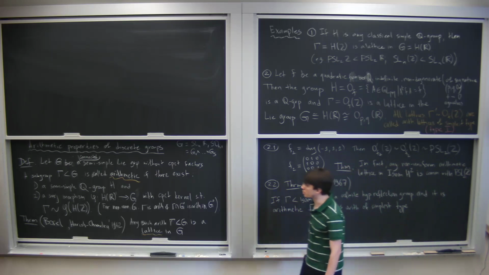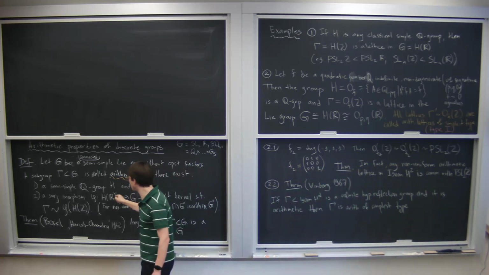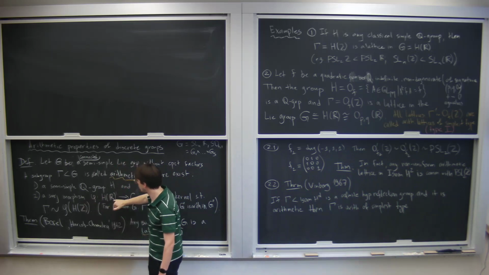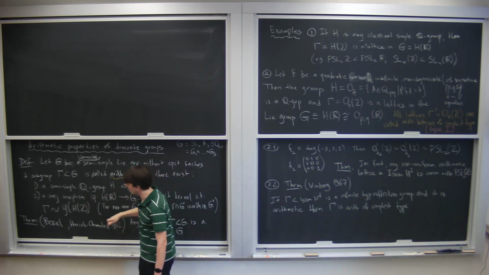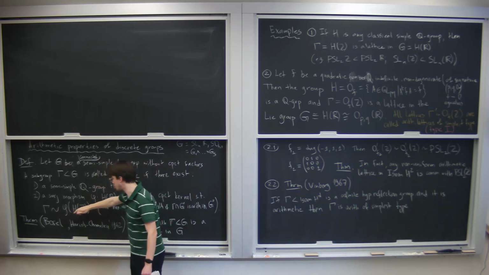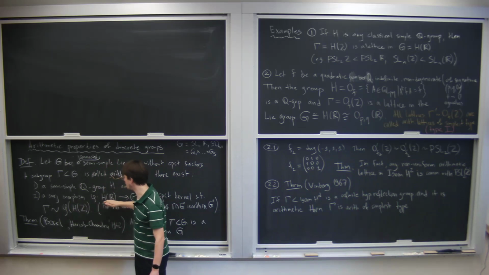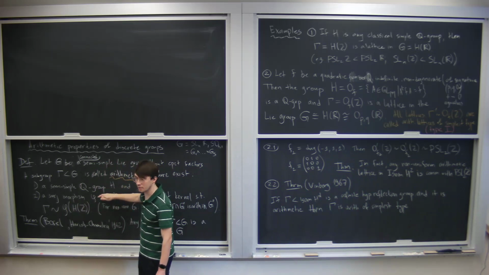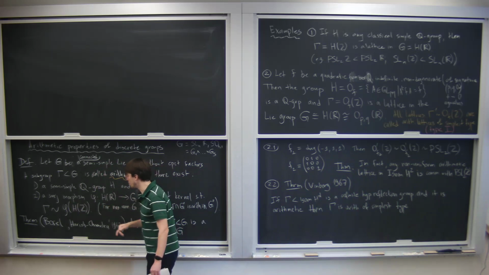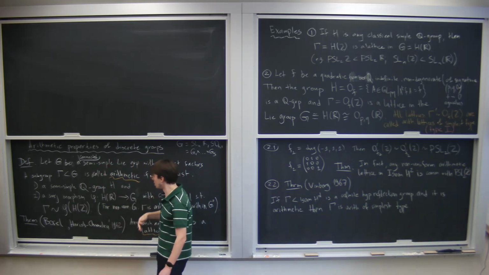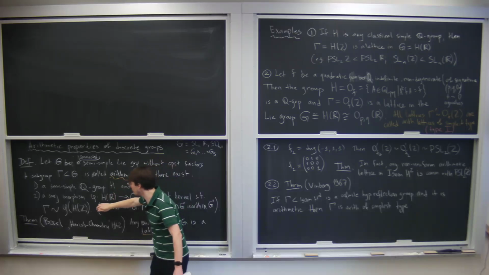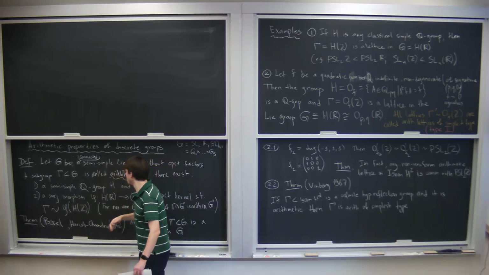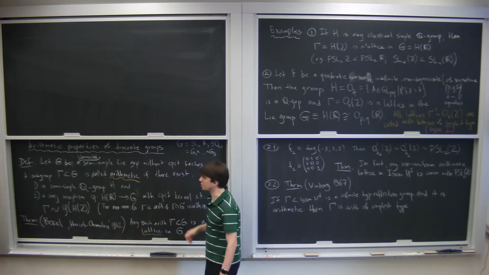Okay, also, here I actually should say that a surjective morphism should probably be from H(R) to G, since gamma, H of Z, is not necessarily sitting in the connected component of H of R. Generally it may have elements not in the connected component.